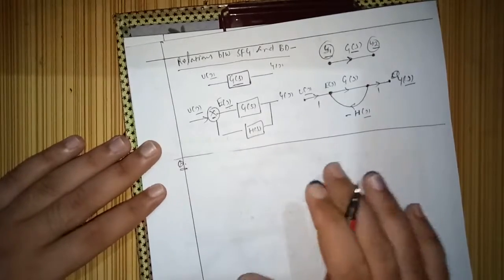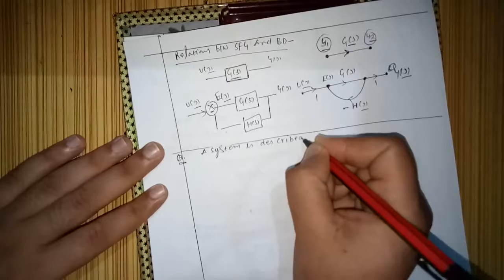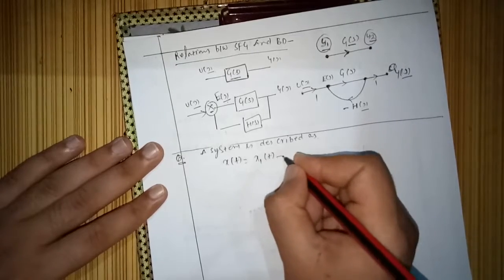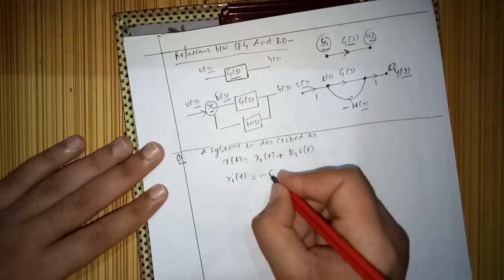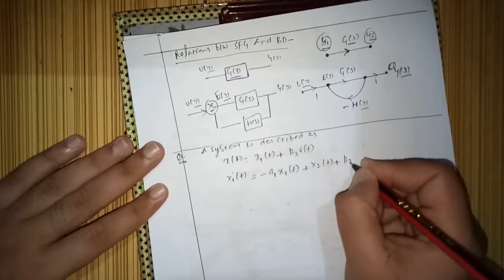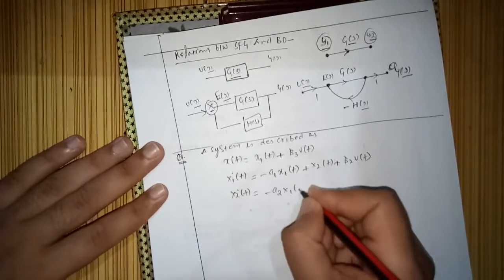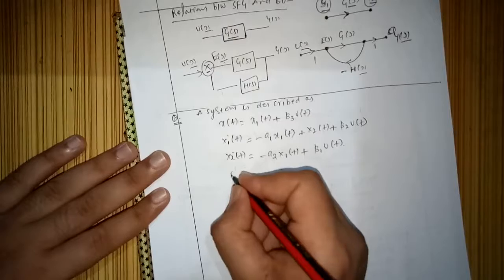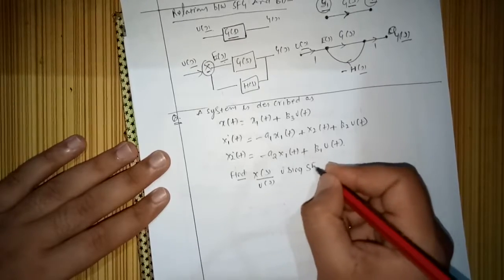Question: a system is described as x(t) equals x1(t) plus beta 3 u(t), and x1 dot(t) is equal to minus a1 x1(t) plus x2(t) plus beta 2 u(t), and x2 dot(t) is equal to minus a2 x1(t) plus beta 1 u(t), and it is asked to find X(s) by U(s) using signal flow graph.